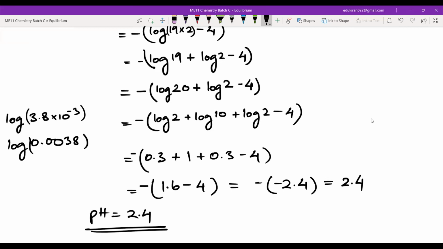That's what we did. Calculate this and tell me the exact answer. 2.420. So we are pretty close, right? You can see that the error is negligible here.